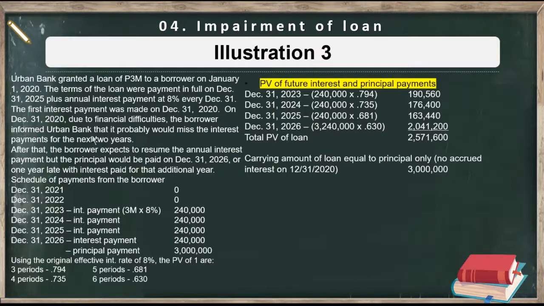It was not mentioned here that there will be accrued interest. Then the present value of the loan is 2,571,600, which is given here. And then the impairment loss would be the difference, which is 428,400. Okay?